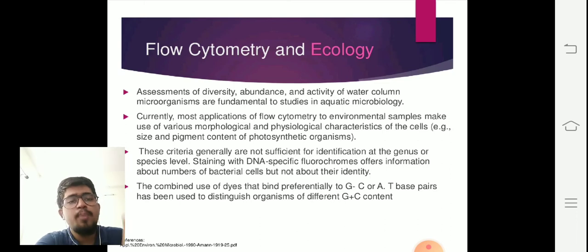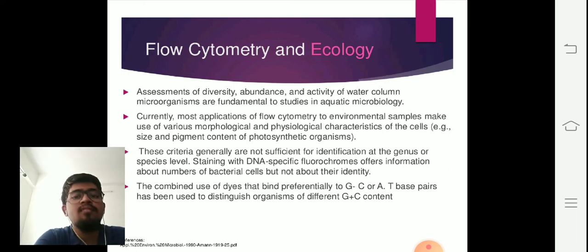Staining with DNA-specific fluorochromes offers information about the numbers of bacterial cells but not about their identity. You can get information about the number of bacterial cells, but you cannot identify or characterize that particular bacterial cell. That's what people are working on now.